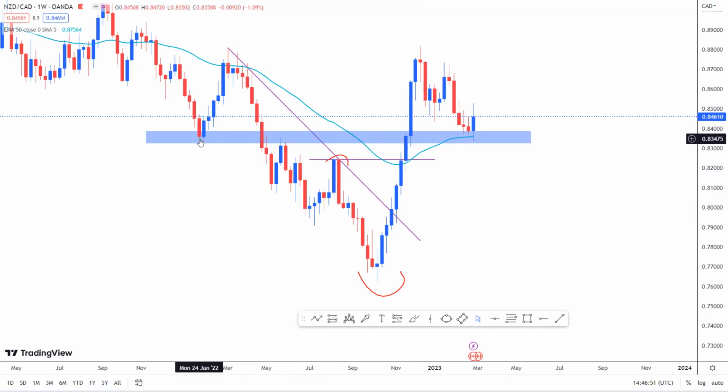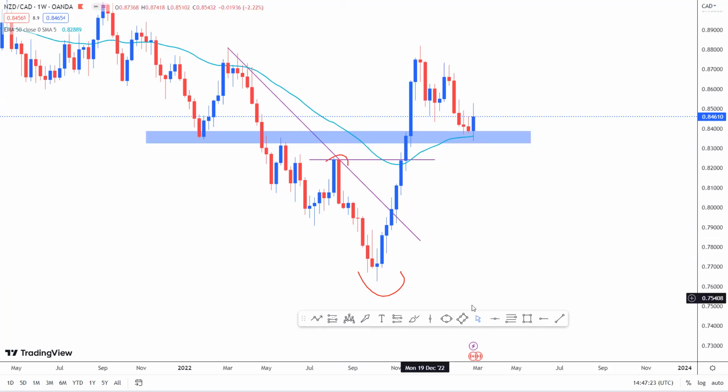So where the support becomes a resistance, the previously broken resistance becomes now a new support. So guys, you can see very evidently we have our regular support right at this level, and we're also seeing our 50 exponential moving average acting as a dynamic support also. So we have two confluences already at play, also considering the fact that the weekly time frame is very bullish.